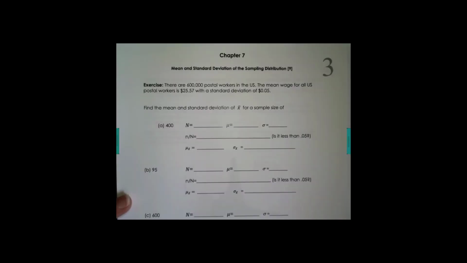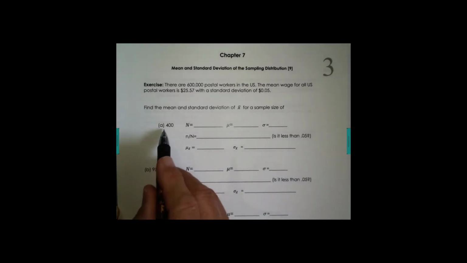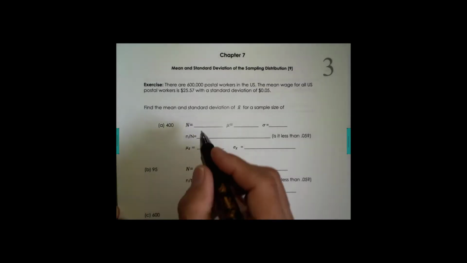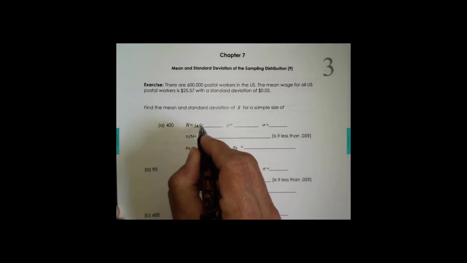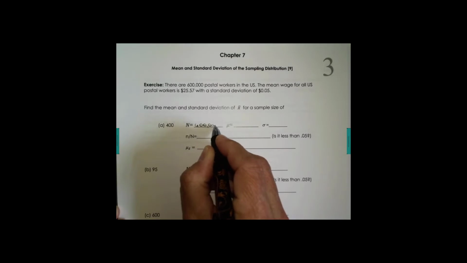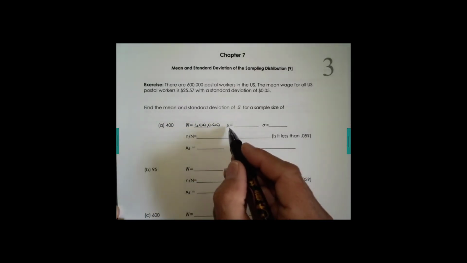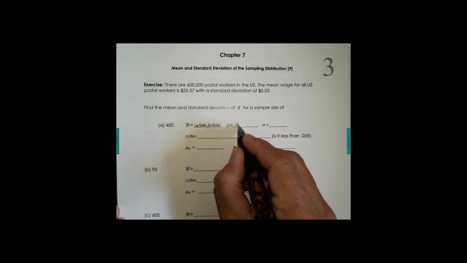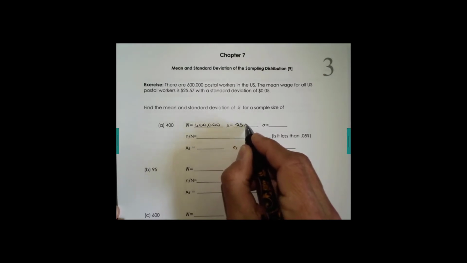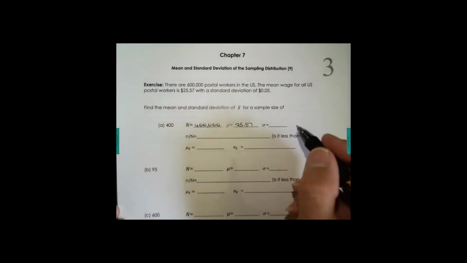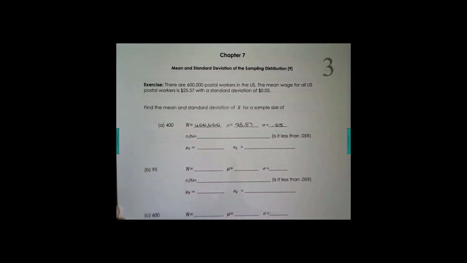So let's look on page 3 together, and we'll take the first one that has a sample size of 400. Now, the population size is not going to change for our problems. It's always going to be the same 600,000. The population mean is also going to be the same, 25.57. And the population standard deviation is going to be the same. You could go ahead and fill that in for A, B, and C if you wanted to.